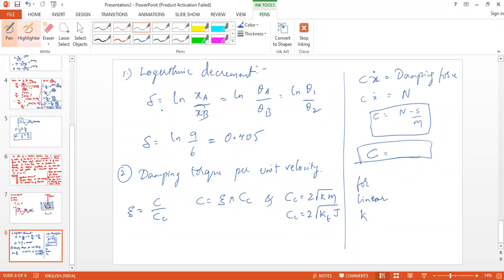So C is equal to 2 zeta root of Kt J. Now, to find the value of C, I need to find zeta and Kt. And J is given in the question.